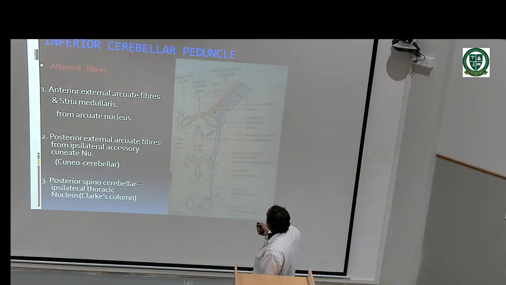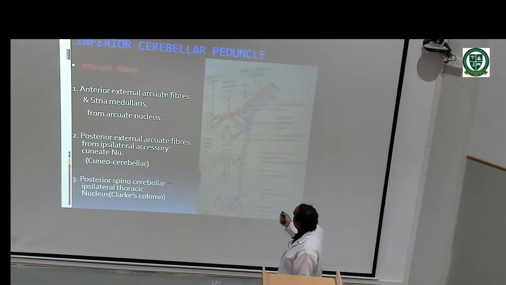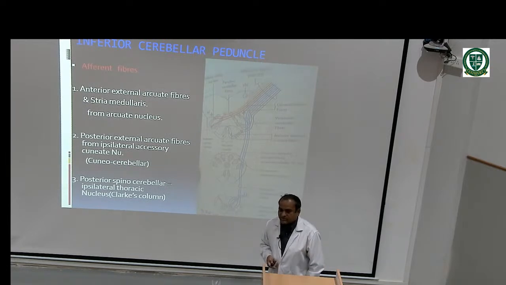From here, olivocerebellar fibers enter the inferior cerebellar peduncle, and this is the vestibular nucleus. From here, vestibulocerebellar fibers go to the cerebellum. Then they are part of the inferior cerebellar peduncle.